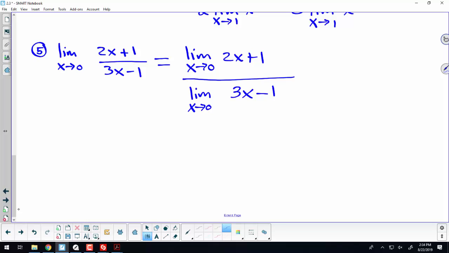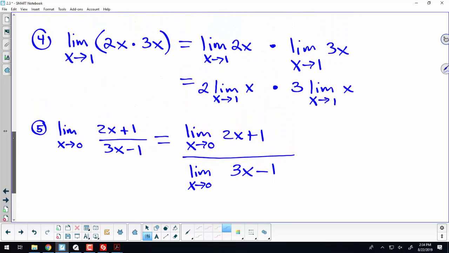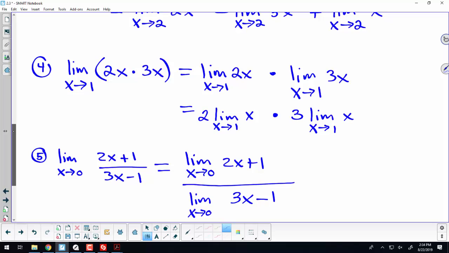And then we can look at that, well, the numerator is just the limit of a linear function, plugged directly in. Denominator, limit of a linear function, I can plug that in. We'll look at more limits. It's just writing these examples to get us familiar with these properties or laws.